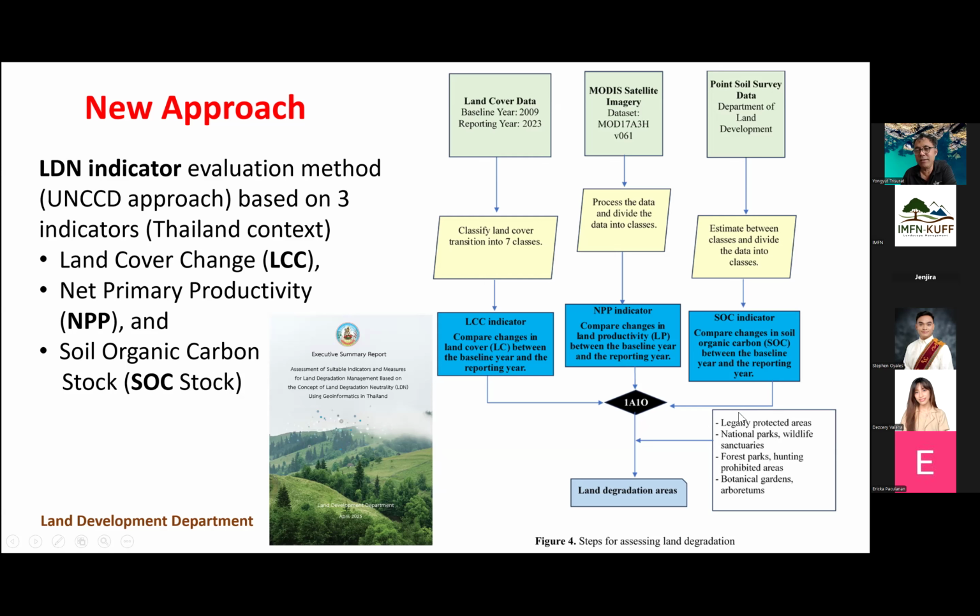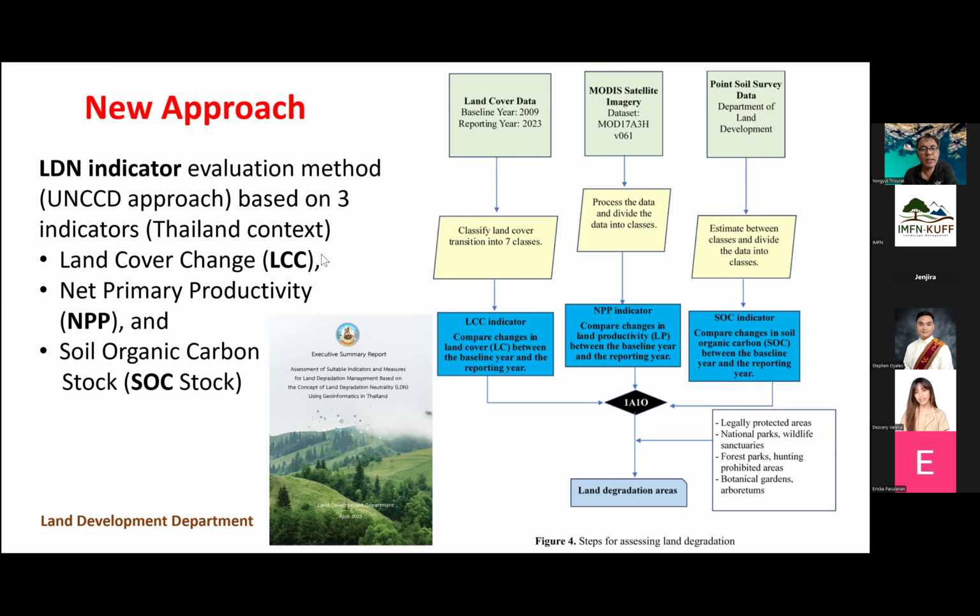But this assumption is not 100% accurate, because in protected areas the land use land cover change from human activity is still ongoing, but the rate is maybe less than outside the protected area.